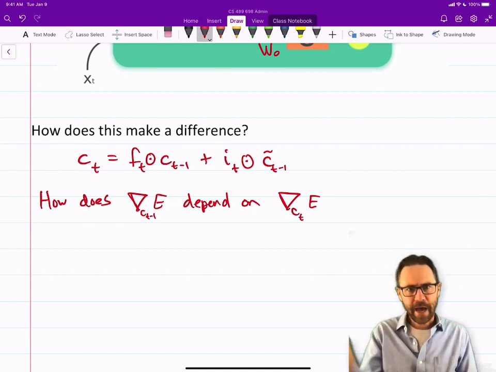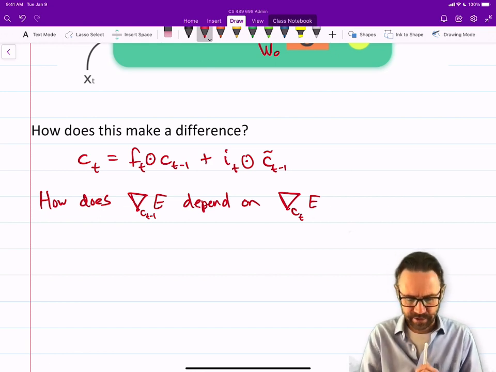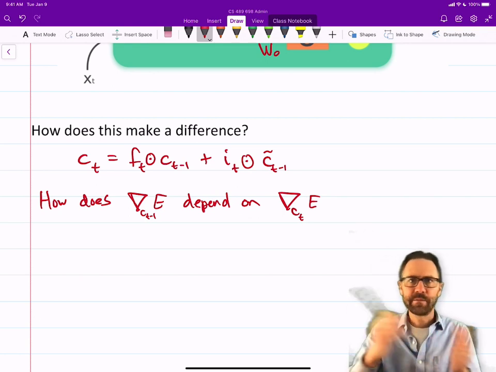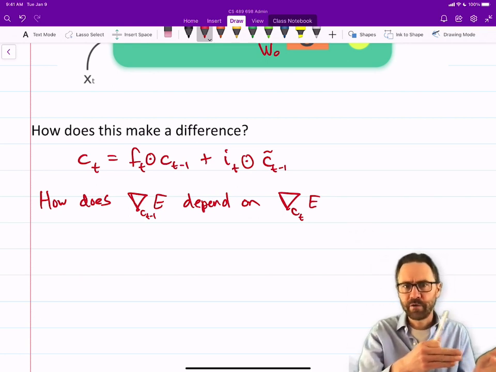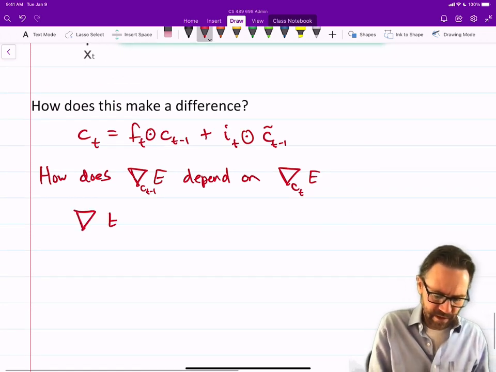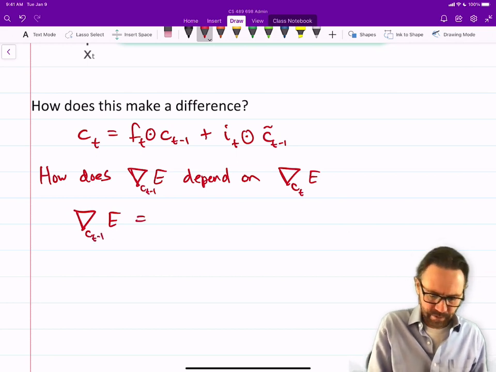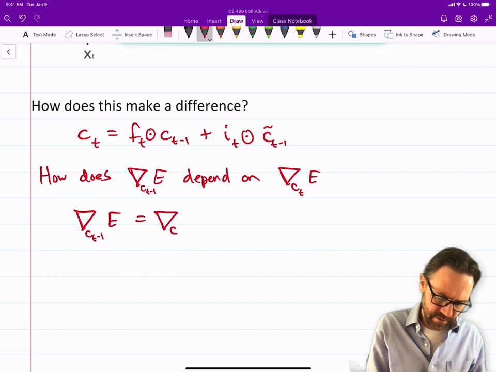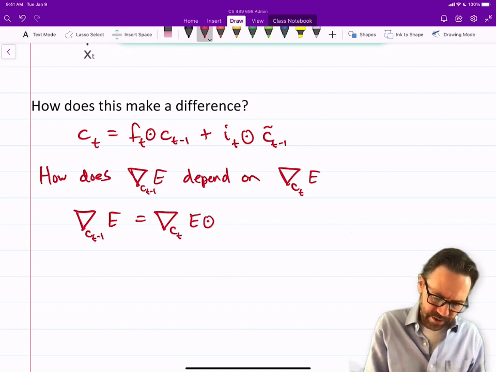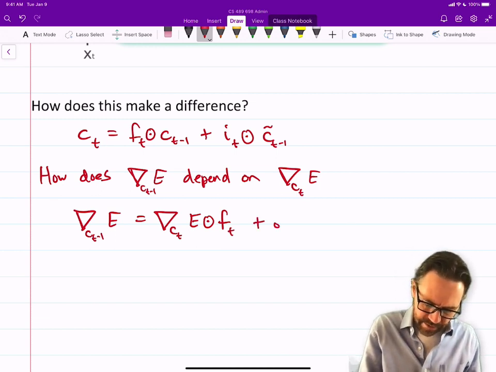So as we're doing backprop through time, going down our time steps, the question is, how does the gradient from one time step, what happens to it when you go a step further down? So the gradient of E with respect to c_{t-1} equals the gradient from above, Hadamard times the forget gate plus other stuff.